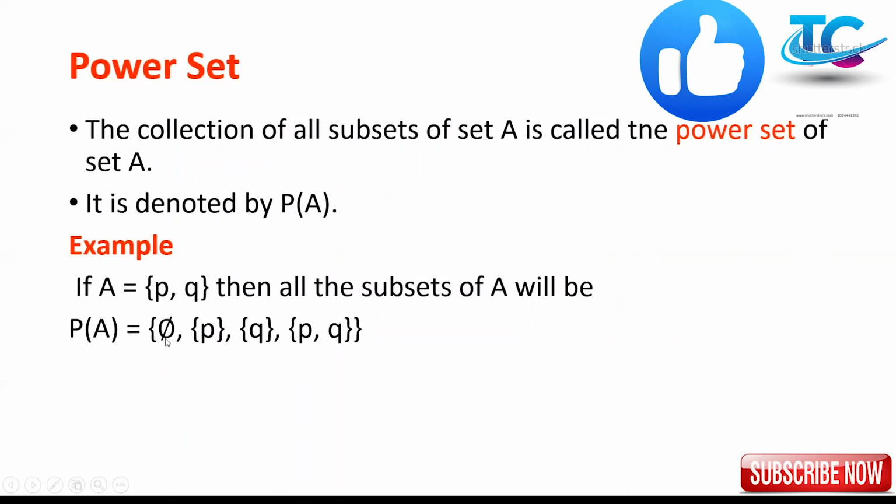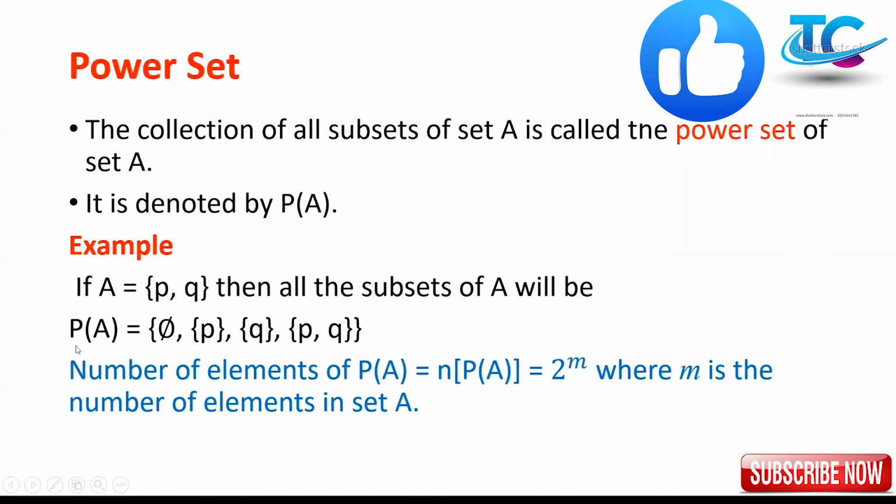As we know, phi is a subset of every set, and the set itself is a subset of itself. So these two elements are there, and {P} and {Q} are also part of the subsets. These are the possible subsets for this given set, and the collection of all these subsets is nothing but the power set.